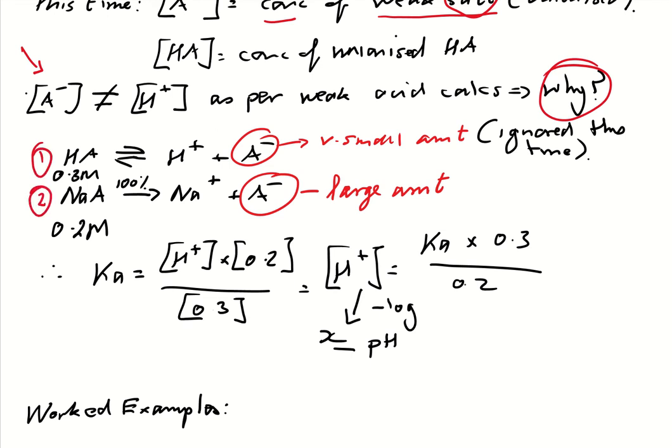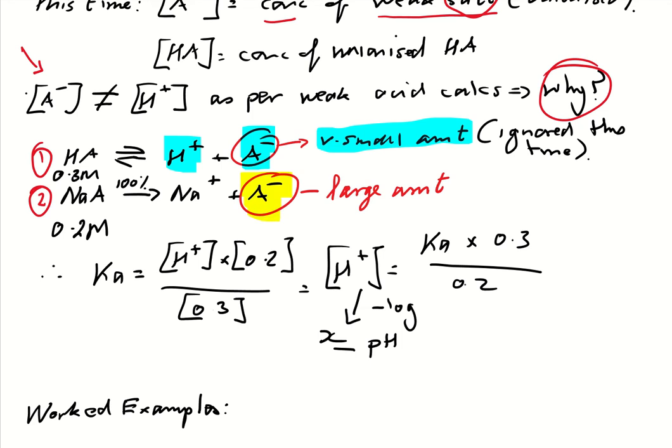The first one is just a weak acid ionizing to give us A minus and H plus. Now we get a very, very tiny amount of A minus from that ionization, because the weak acid only very partially ionizes. But this time, unlike with the weak acid on its own, we have a secondary source of the anion coming from the salt.